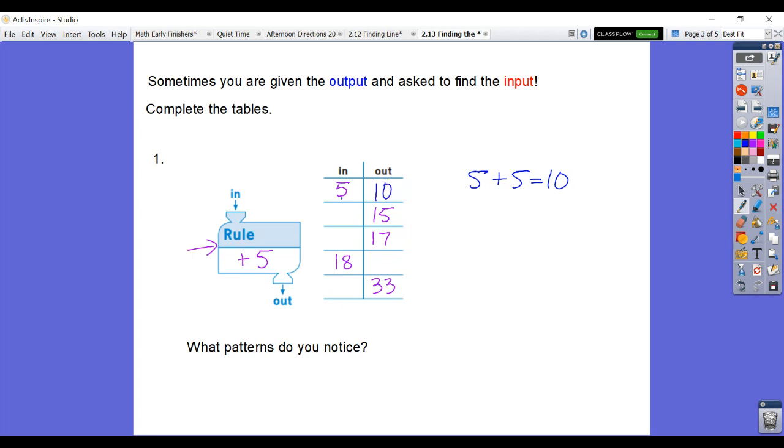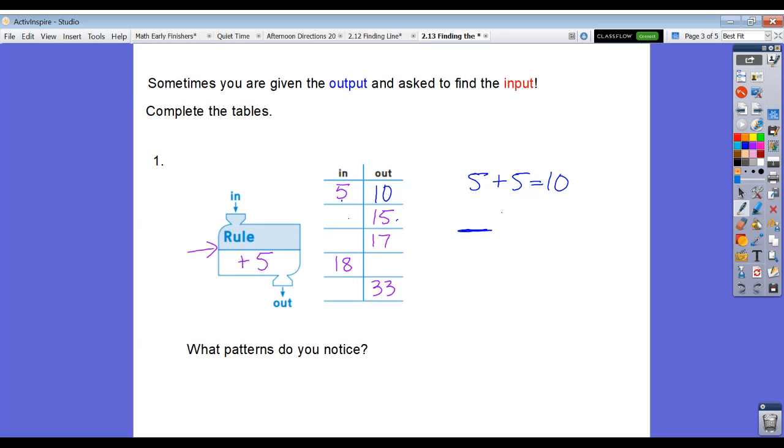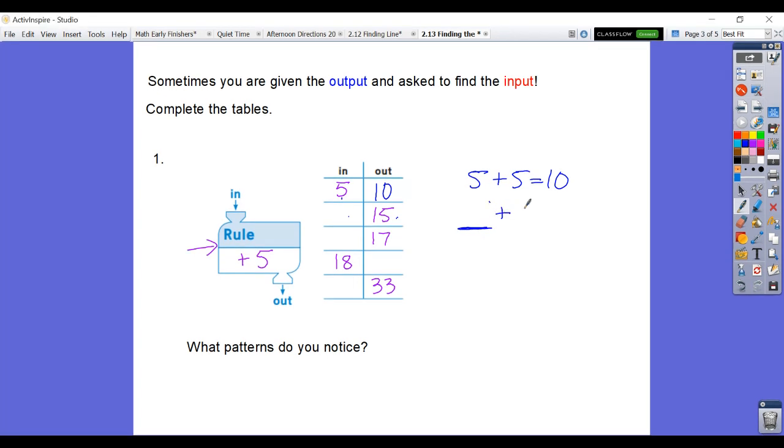Not so bad, right? But sometimes they're going to give you the output and you have to think what the input would have been. So this is basically saying blank, some input, plus 5 more would give you 15. What goes in that blank? 10.